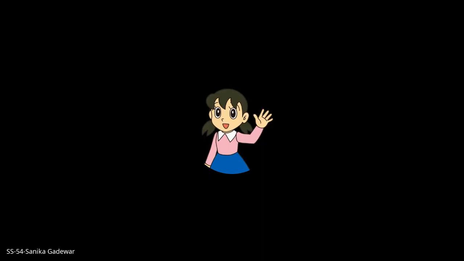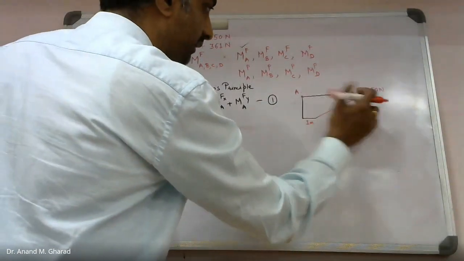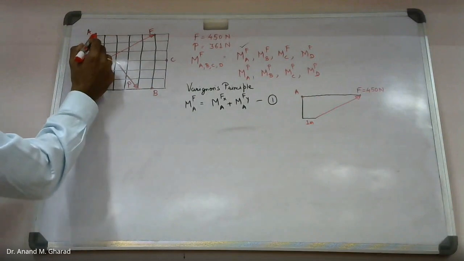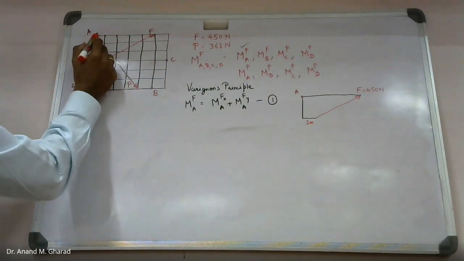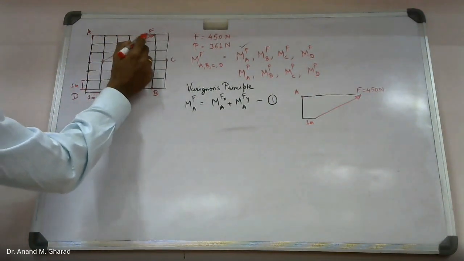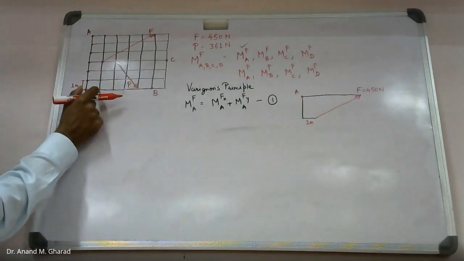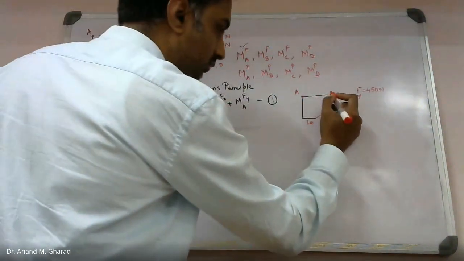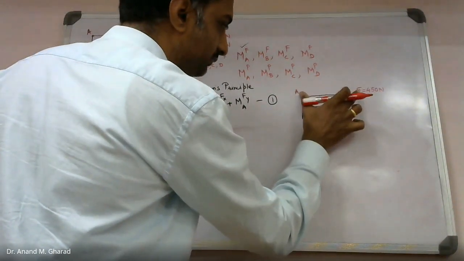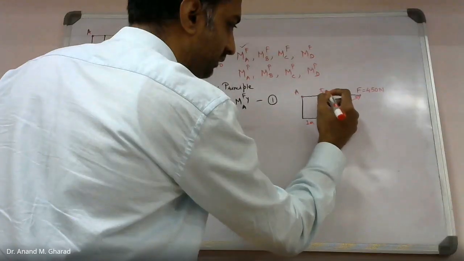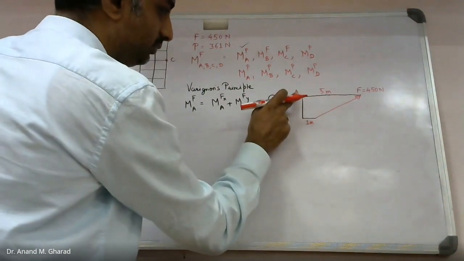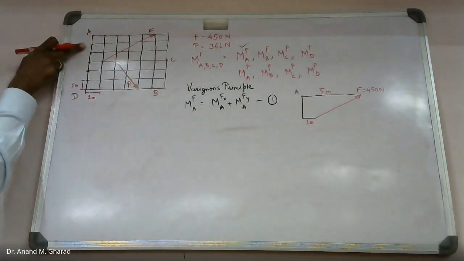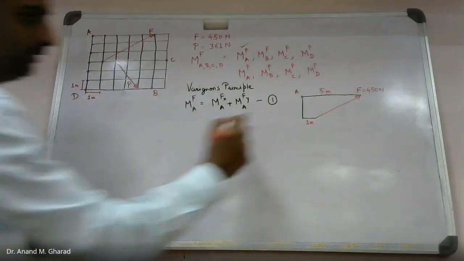What is this distance from A to this point? For that, you can count these blocks, 1, 2, 3, 4, and 5. Each block is of 1 meter by 1 meter dimension. So what will be this value? 5 meter. And similarly, what will be this much distance? 3 meter.